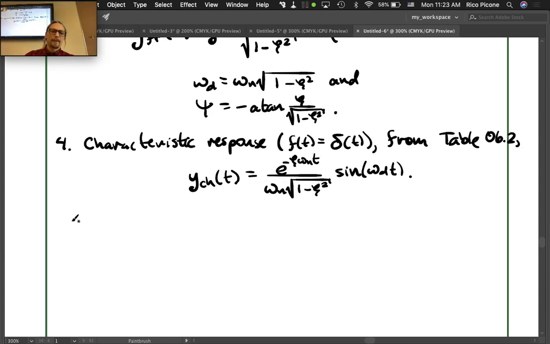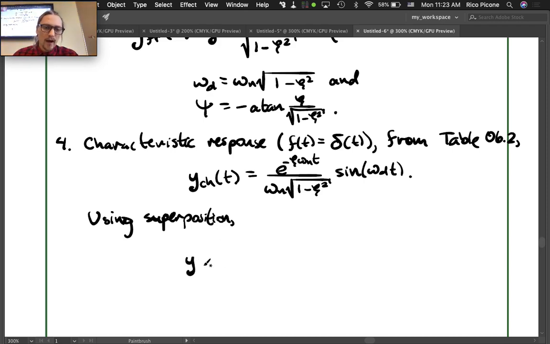So using superposition, we can find that y forced of t, since we multiplied the Dirac delta function, our actual forcing function is 3 delta.